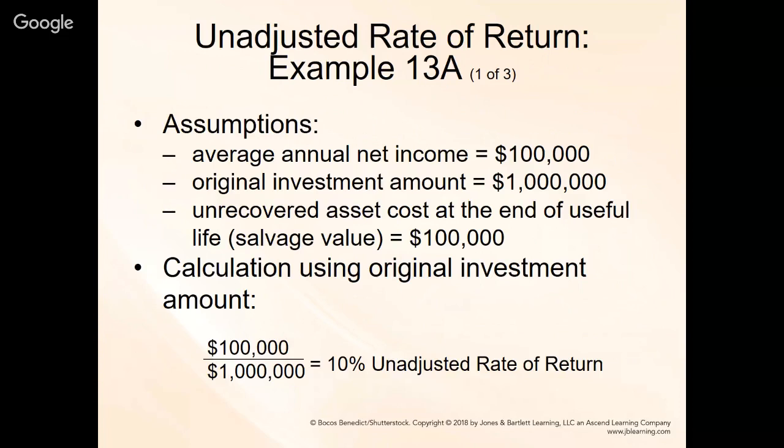So when you're calculating that, you're going to use your original investment amount, which was $1 million, divided into the income to give you a 10% unadjusted rate of return. Because if you remember, it is always calculated in percent and reported in percentages.